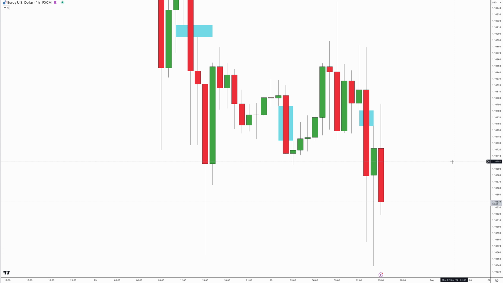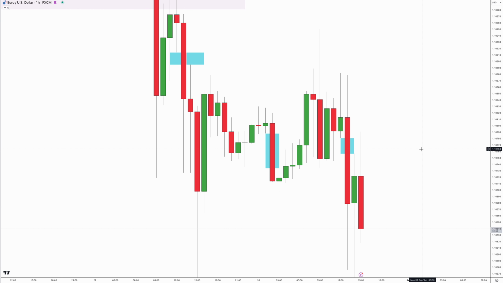Now, fair value gaps are used a lot and talked about a lot because it is very likely that they are going to be respected. The theory behind it is that this is where an institutional move has been made, an institutional order has been placed, and because it has such high volume, price could not be balanced, hence the name imbalance, void, fair value gap.